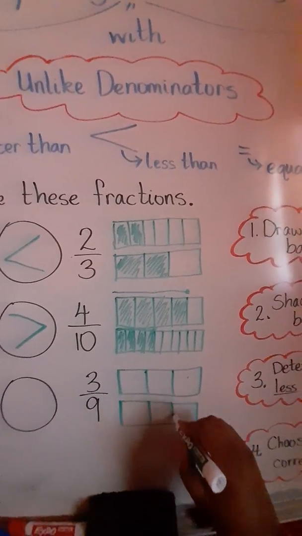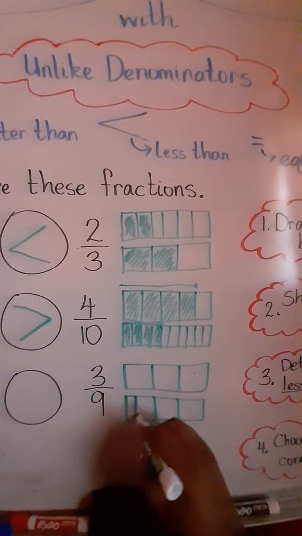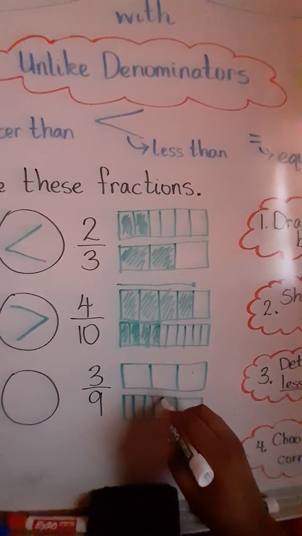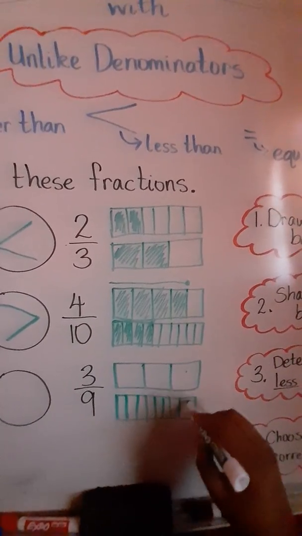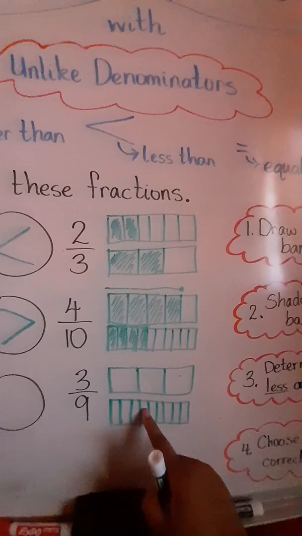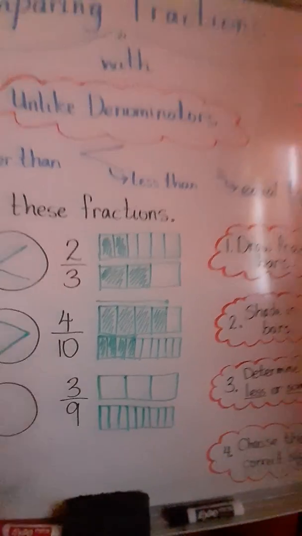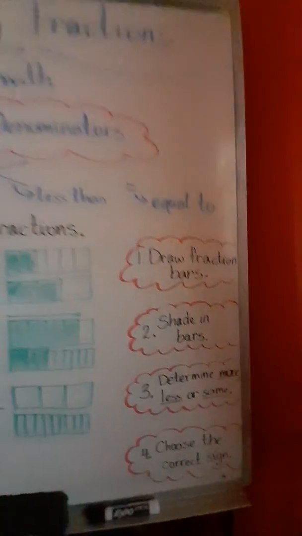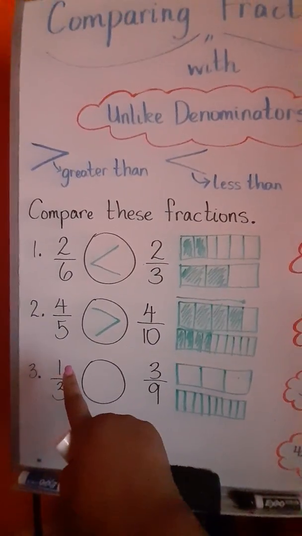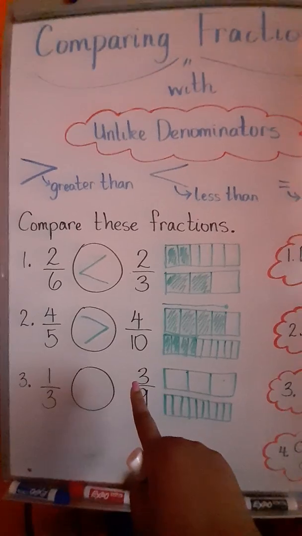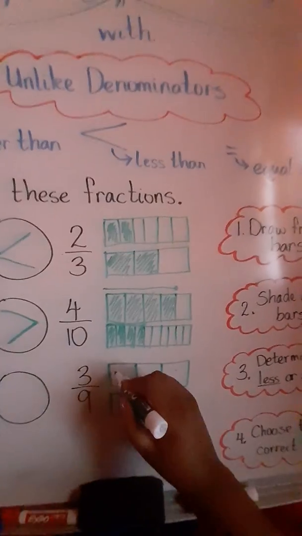So I'm going to start by making 3, and then I'm going to make 3 parts of each. 1, 2, 3, 4, 5, 6, 7, 8, 9. Wonderful. Step 2 says shade in the bars. We are shading 1 part for the first fraction and 3 parts for the second fraction.